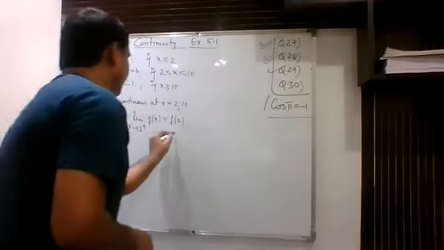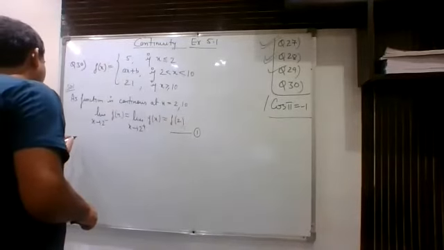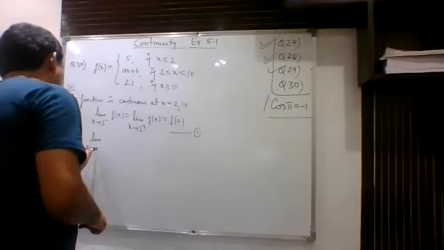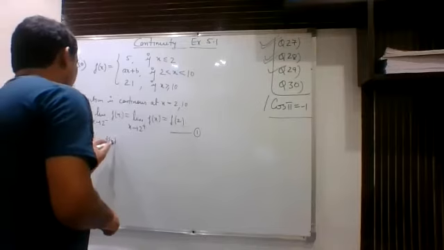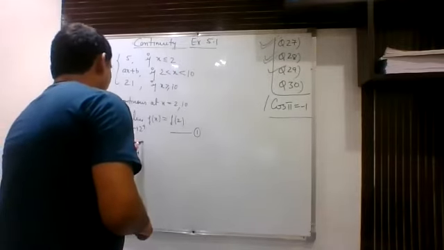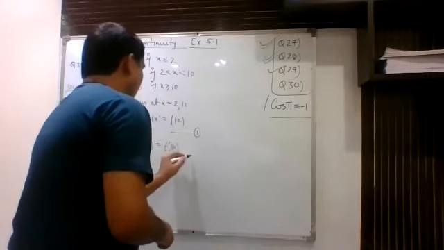So let us call this as number 1. And similarly, you will write it for 10 also. Also, we have limit of x tending to 10 minus f(x) is equal to limit of x tending to 10 plus f(x) is equal to f applied to 10. This is number 2.